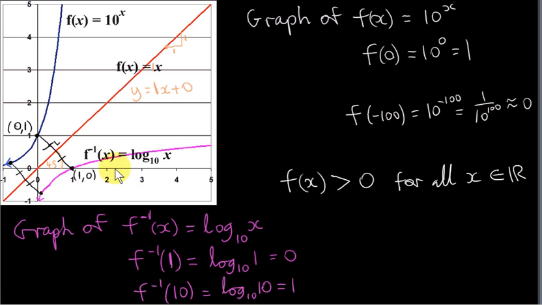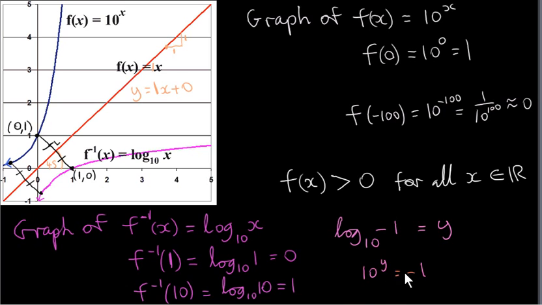For example, suppose we try to work out log of x to the base 10 at x equals minus 1. Let's suppose we try to do that, and let's suppose that that's equal to y. That means that 10 to the power of y equals minus 1.